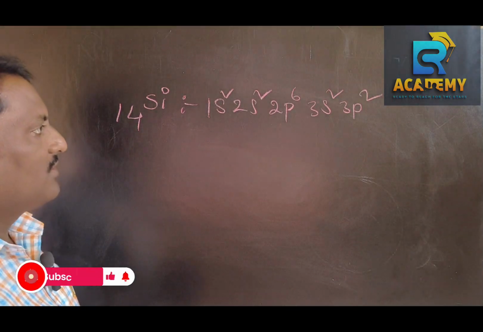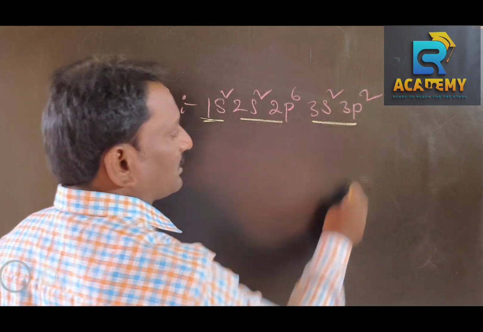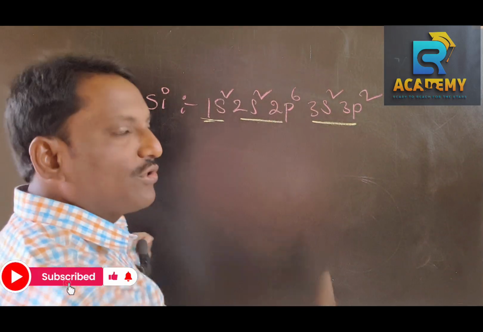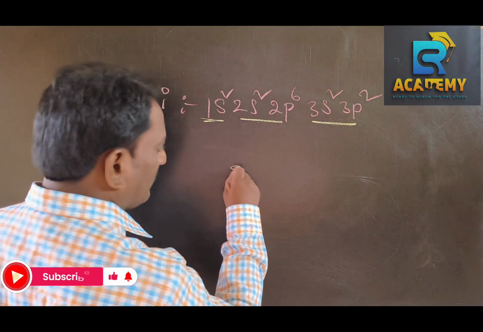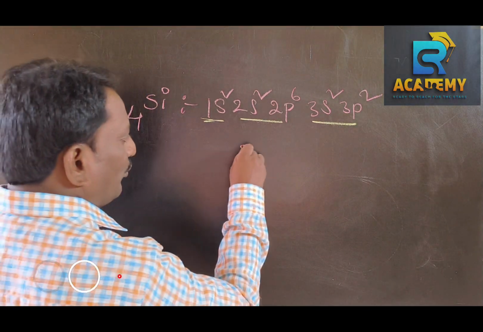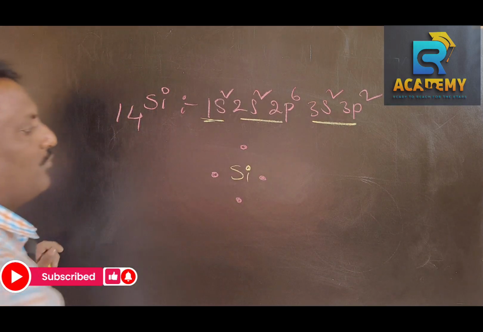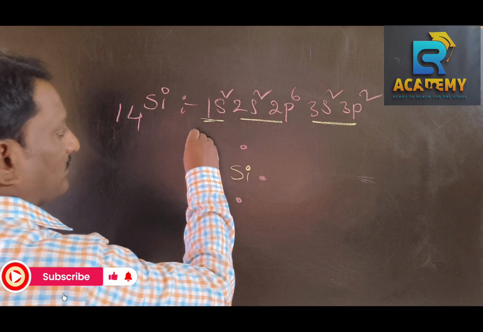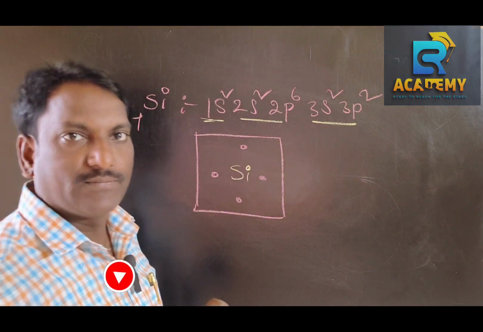How many valence electrons are there? The first shell, second shell, third shell. 4 valence electrons are there. So the Lewis dot structure of silicon will be 4 unpaired electrons. This is the Lewis dot structure of silicon.